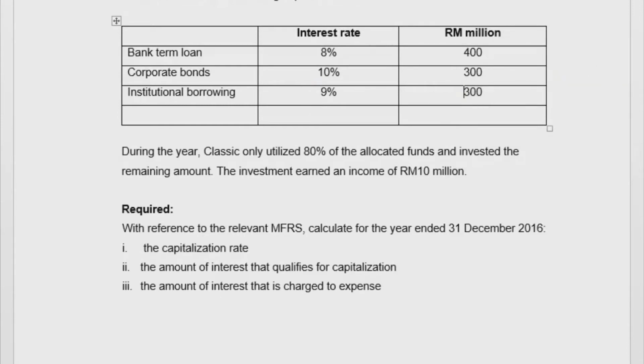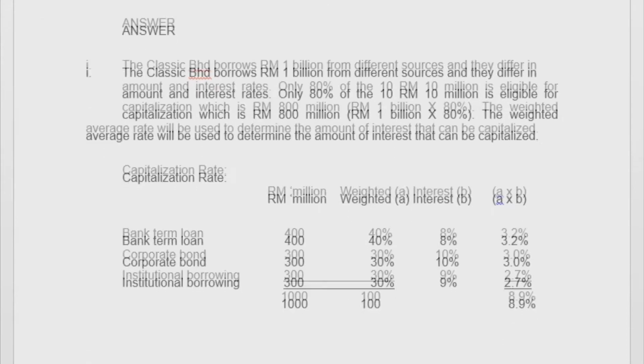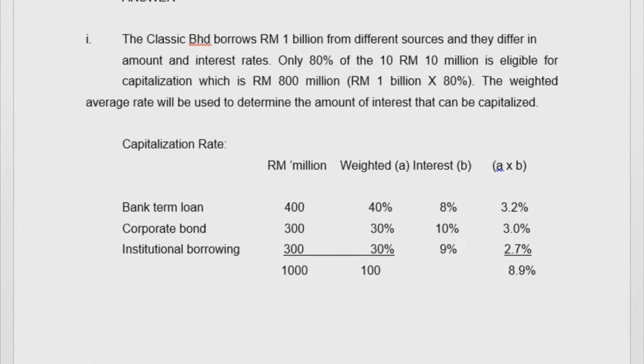Next, we must find the capitalization rate. First, we sum up the total of the shares, that is 400 for the bank loan, 300 for the corporate bond, and 300 for institutional borrowing. So we get 1000.